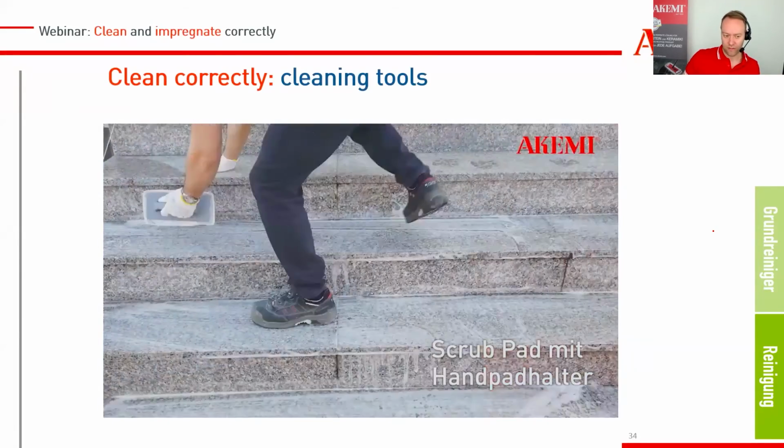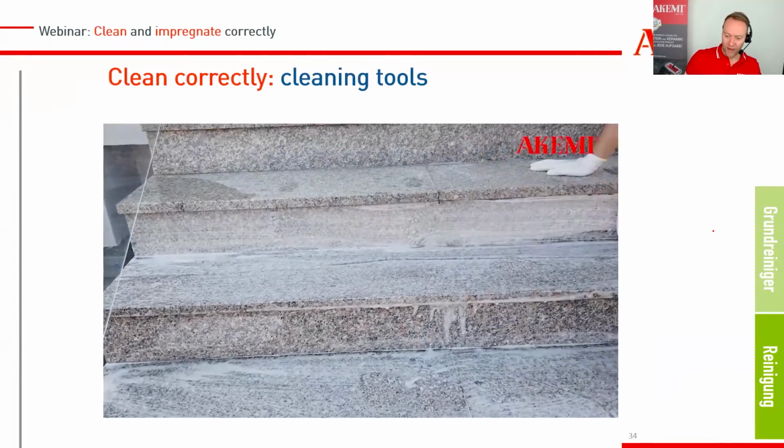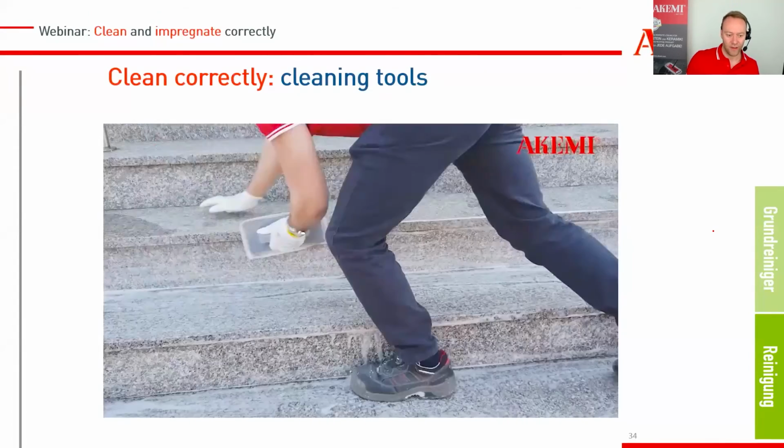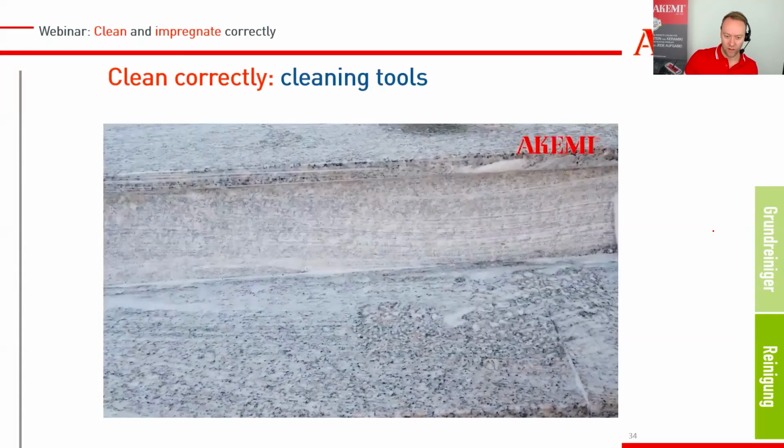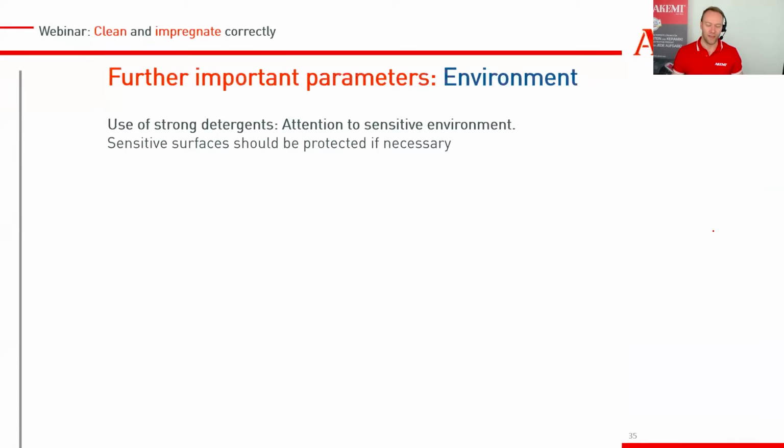You need cleaner on your stone, not just a little bit damp, only a little bit wet. You need a proper application for a good result, and this is a proper way to do that.